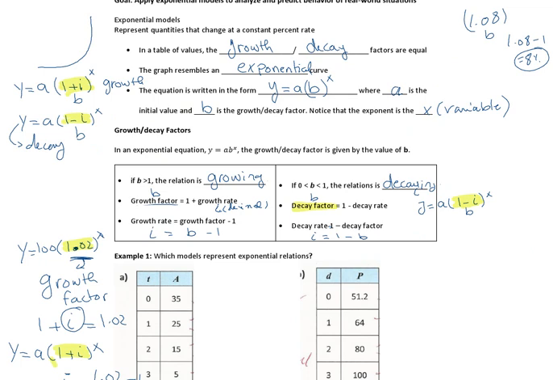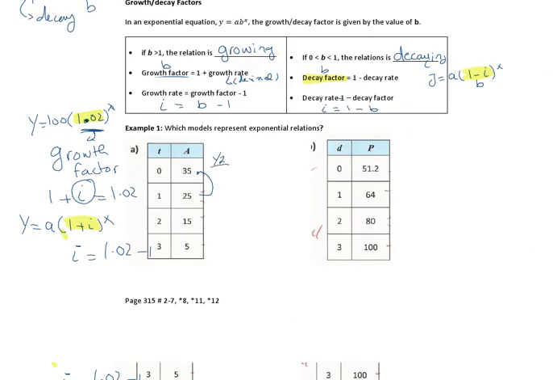What does the word ratio mean? For ratio, I have to divide. So instead of doing y2 minus y1, I have to do y2 divided by y1. If my ratio is constant, so if I do y2 divided by y1, what do you get for the first one? 0.7.